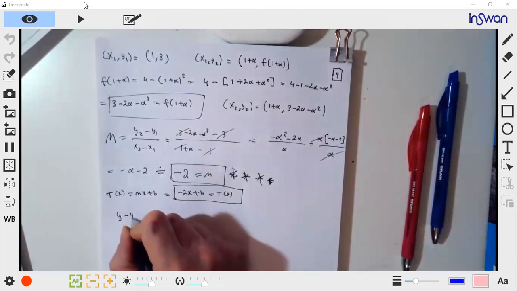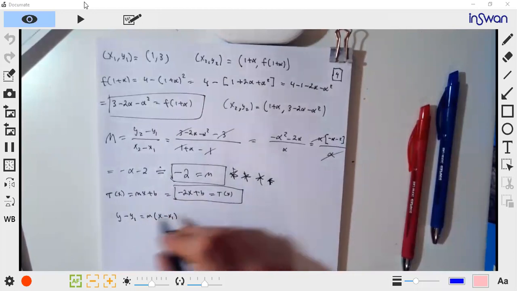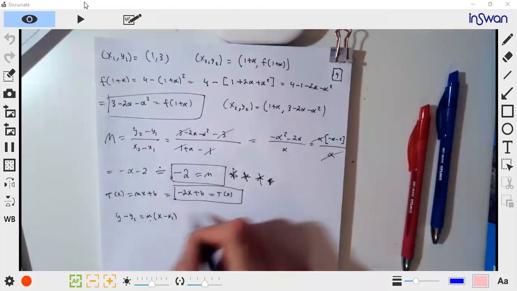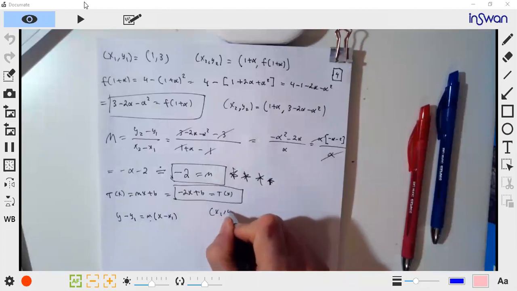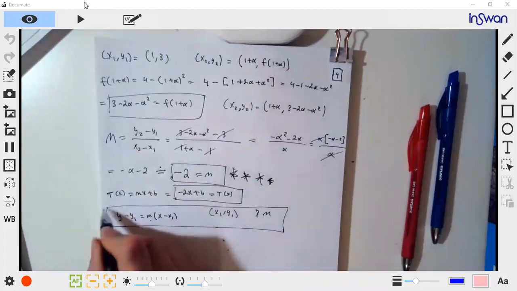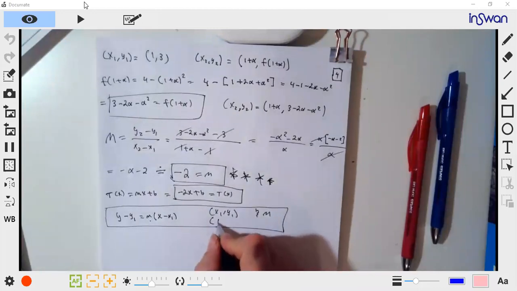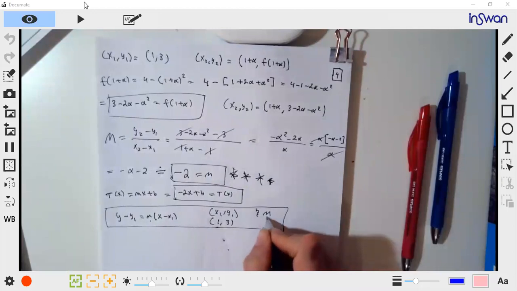The point slope form, y minus y1 is equal to m times x minus x1. Given a slope and a point, x1, y1, and m, we can create the equation of a line with this equation. And we know both those values. This is a 1 and a 3. And now we've extracted the fact that m equals -2.